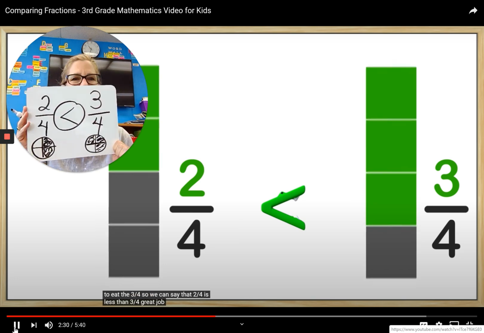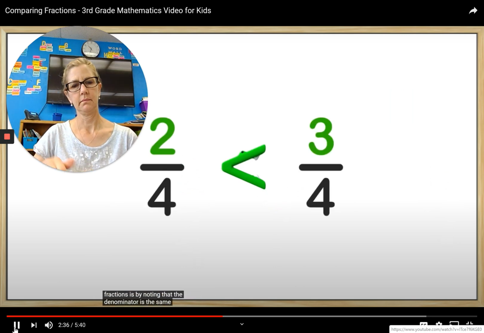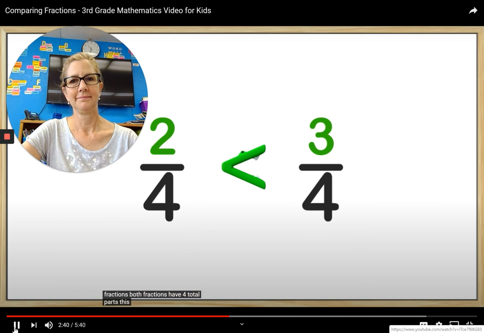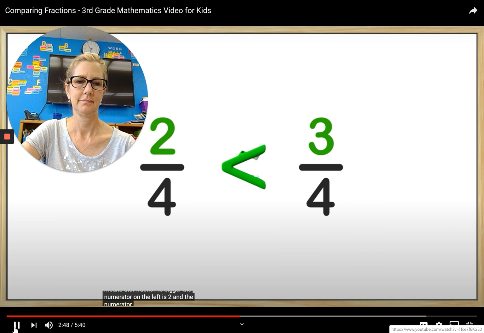Now another way we could have compared these two fractions is by noting that the denominator is the same in both fractions. Both fractions have 4 total parts. This means that we can look at the numerator, and the bigger the number means that fraction is bigger. The numerator on the left is 2, and the numerator on the right is 3. 3 is bigger than 2, so we know 3/4 is bigger than 2/4.